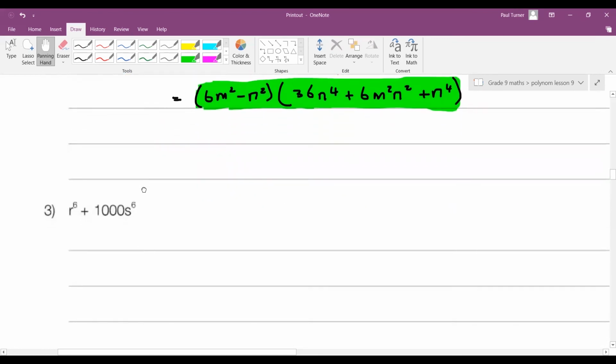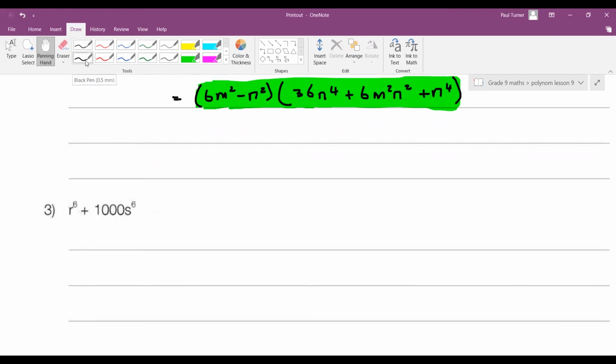So for question 3, 125r6 plus 1000s6. So we'll do a couple. So make these cubes. Well, let's write the rule first, probably better at the top.